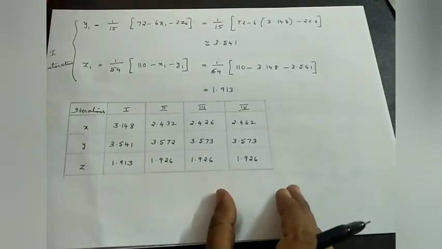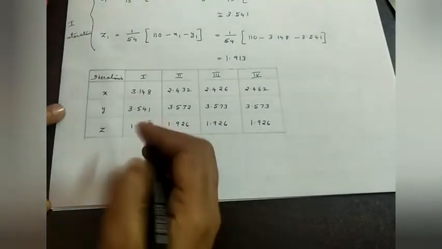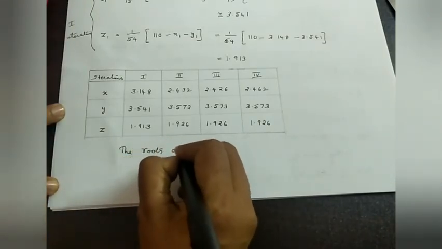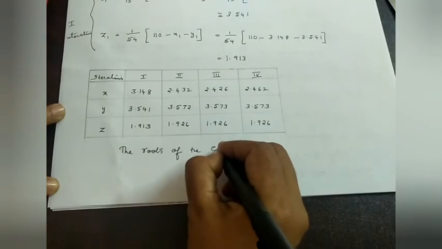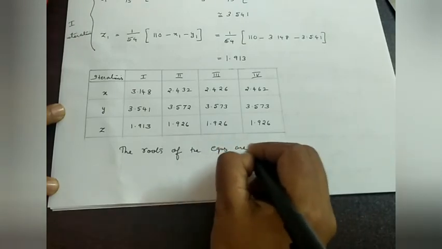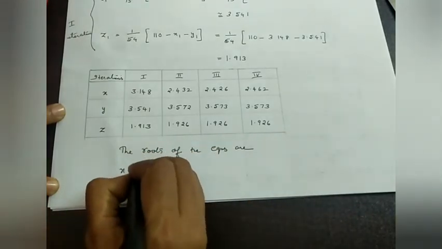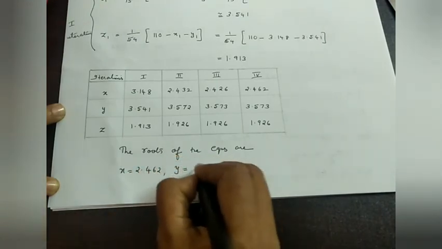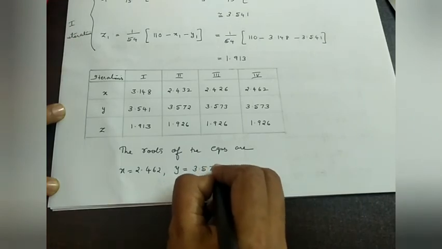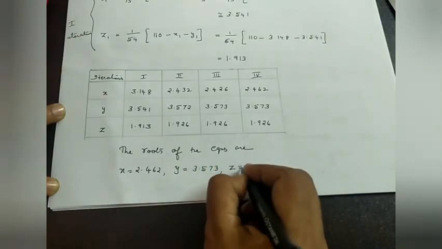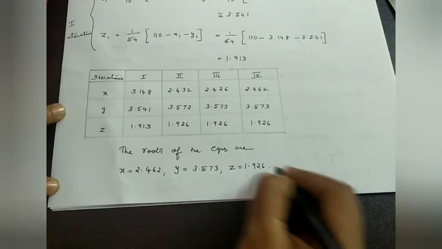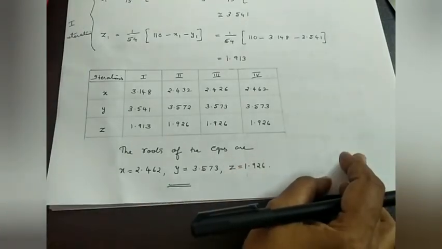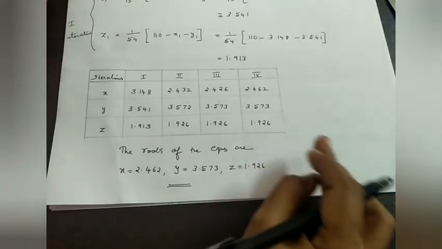Here we can stop, and we can confirm that the roots of the system of linear equations are x = 2.462, y = 3.573, z = 1.926. Therefore, the Gauss-Seidel method can be carried out with the help of a table also.